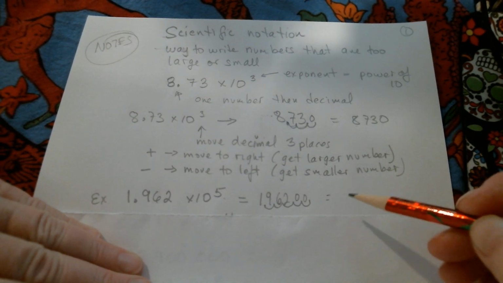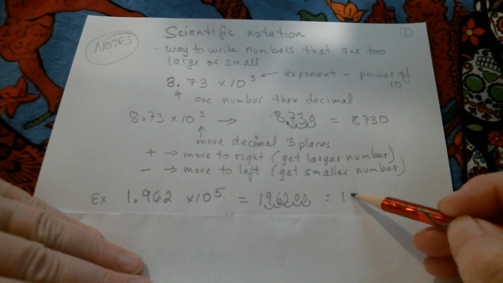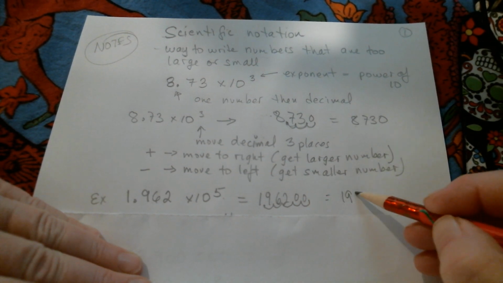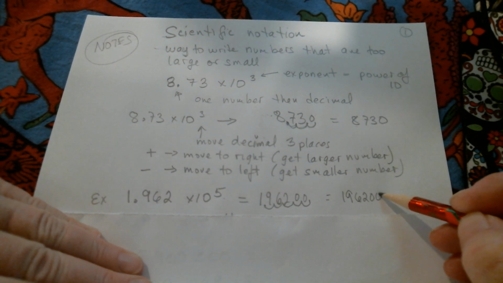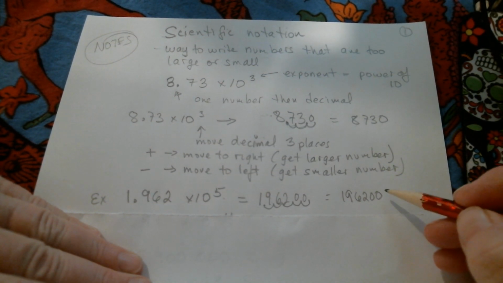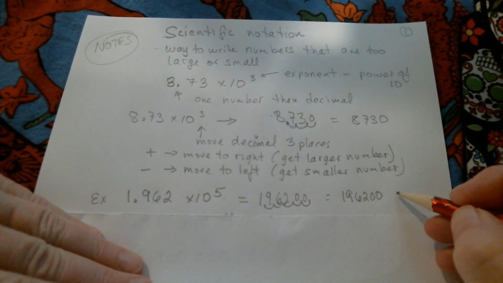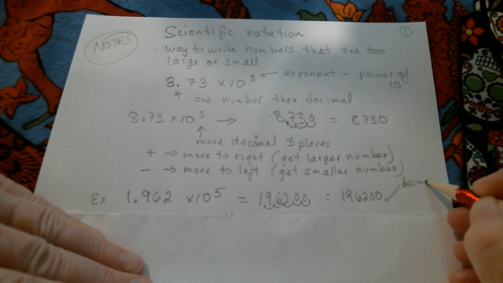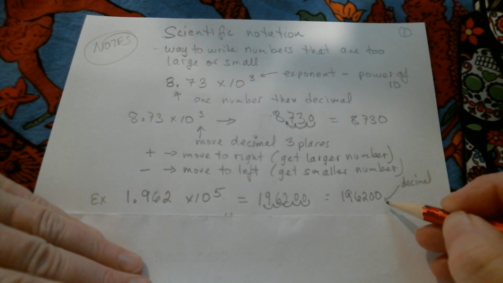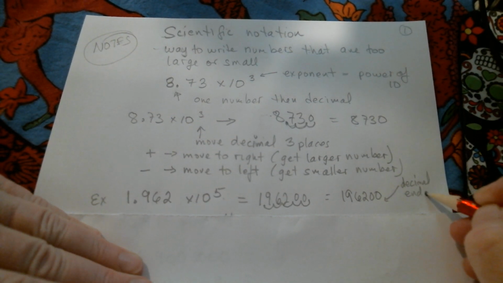Now I'm going to rewrite this just to make sure it's nice and pretty. 1, 6, 2, and then 0, 0. I'm not going to put the decimal, but the decimal will be here. If you do not see it, the decimal is at the end of the number.